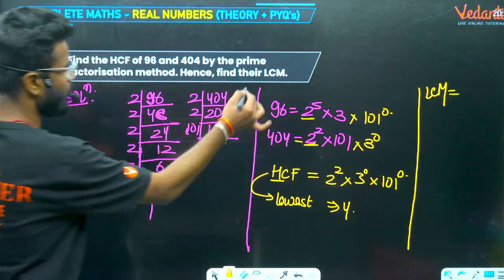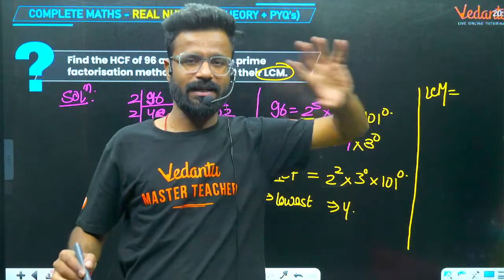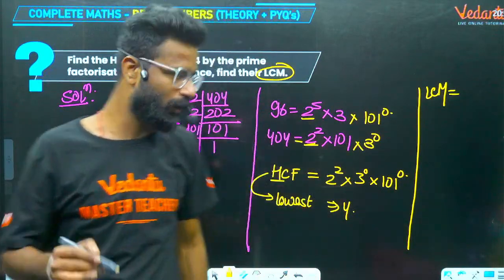Now if we have to find the LCM, you can use that relation, HCF into LCM is equal to the product of the two numbers.